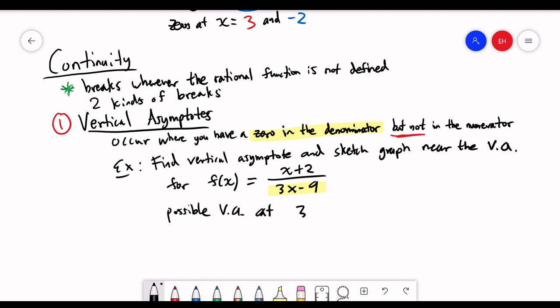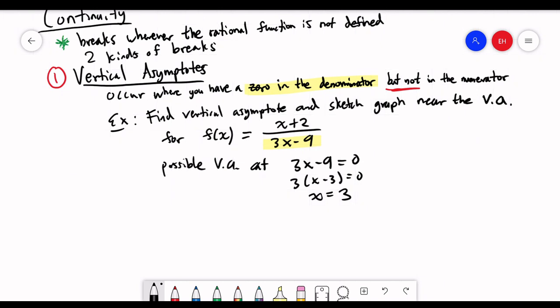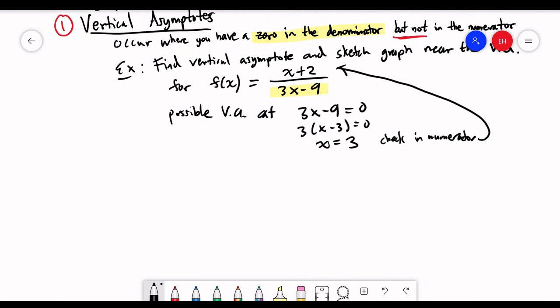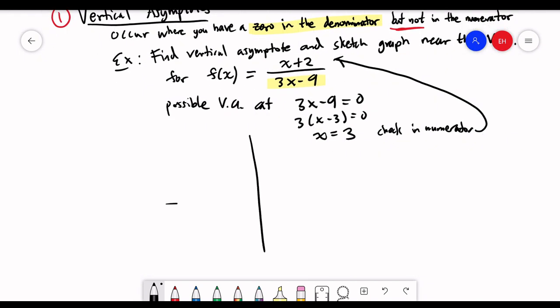Yes, if I factor it, 3x minus 9 could be 0 when x is 3. We check, and 3 is a zero of the denominator, and if we put it into the top, it's not 0, so it's not going to cancel out. We just check in the numerator that 3 is not a zero there. Since it's not, we're going to have a vertical asymptote at x equals 3.